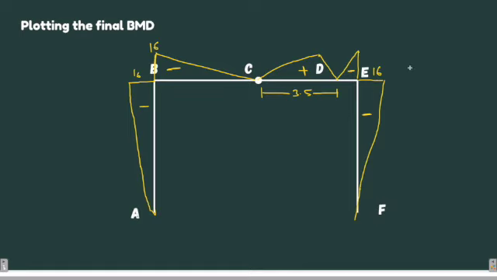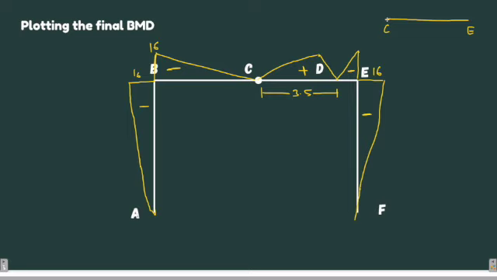Now students, let me tell you a few more things about this bending moment diagram. There are various ways of drawing it. In various books you will find different diagrams, so don't get confused that this is wrong and that one is correct. I especially want to highlight the part CE. I have drawn it like this.